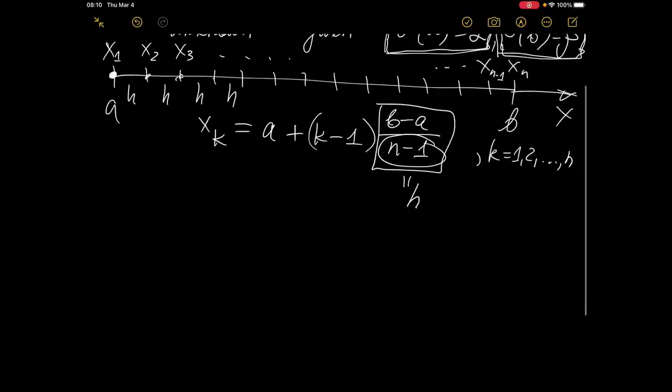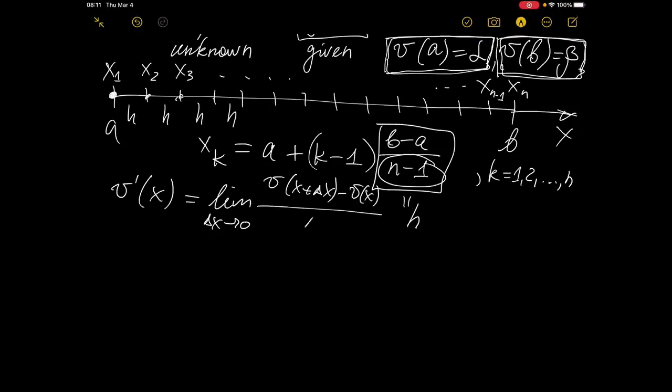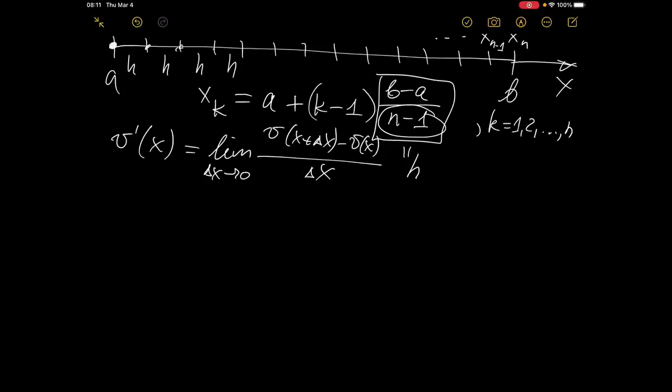Then what we do, essentially, if you remember, v prime of x you can write as the limit as delta x goes to 0 of v(x plus delta x) minus v(x), divided by delta x, right? So what we are doing in numerical computations is saying, let us consider a fine enough grid.